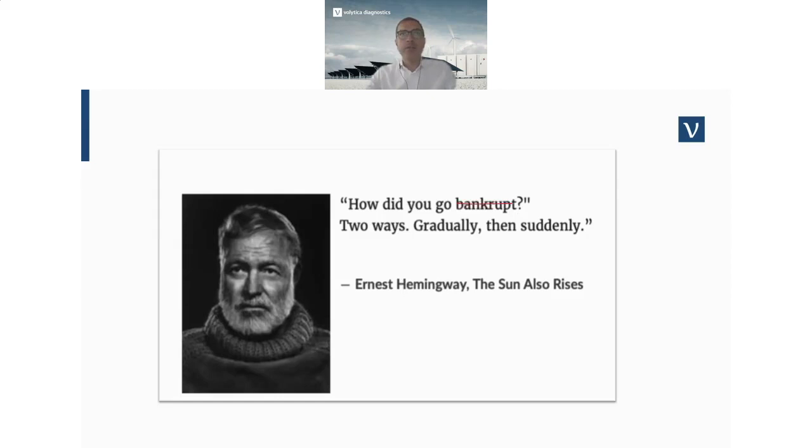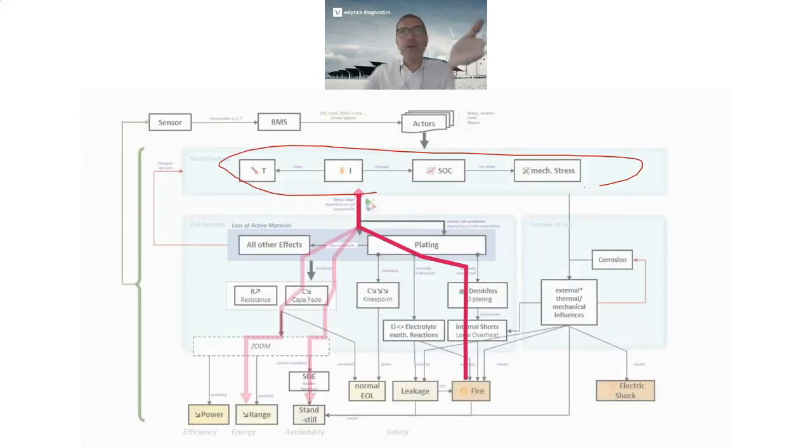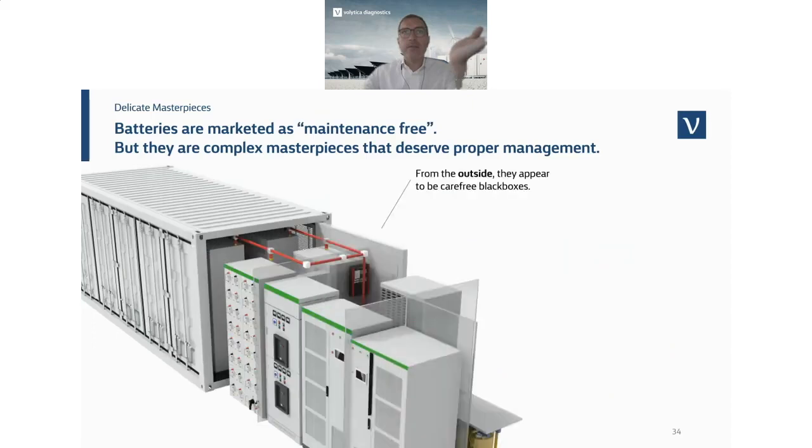Like, how did you go end of life? 2 ways: gradually. This was what we were speaking about. Then suddenly. Great. Now let's look at that path. How does the usage influence fire or normal end of life and breakdown? Skipping that.